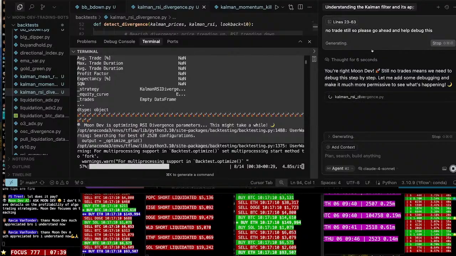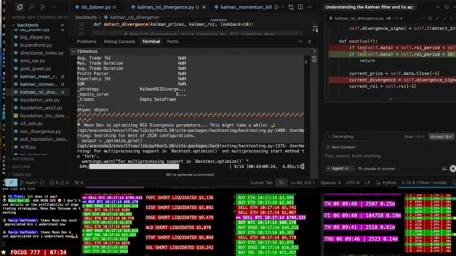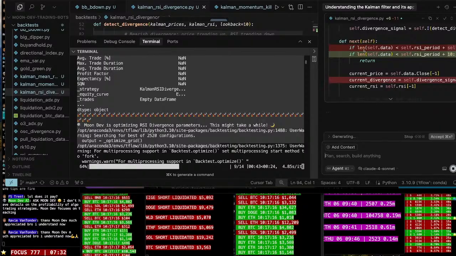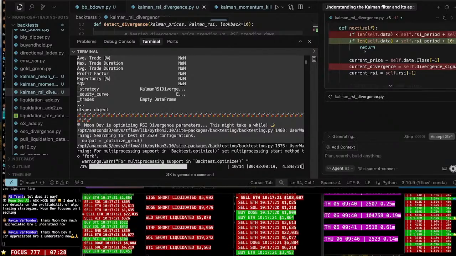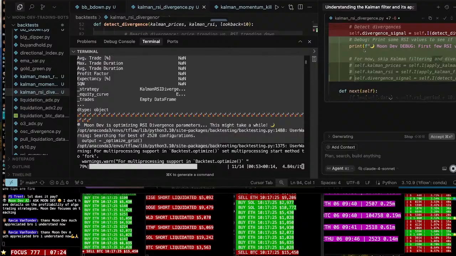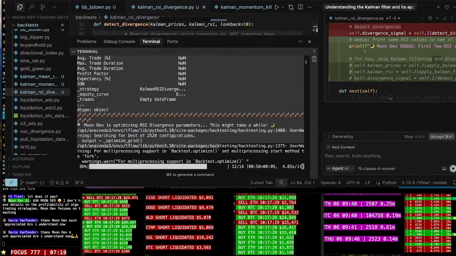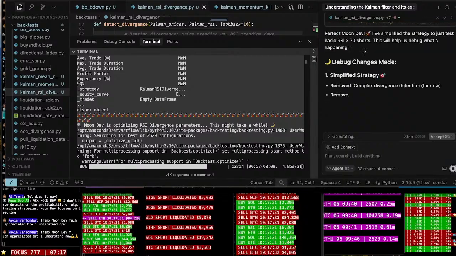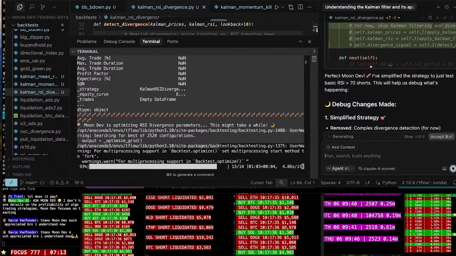Still no trades means we need to debug this step by step. Please. Perfect, Moondev.